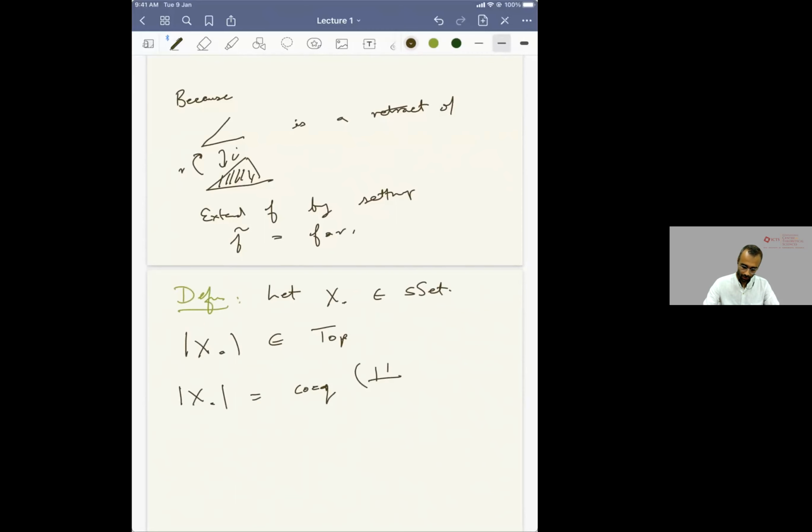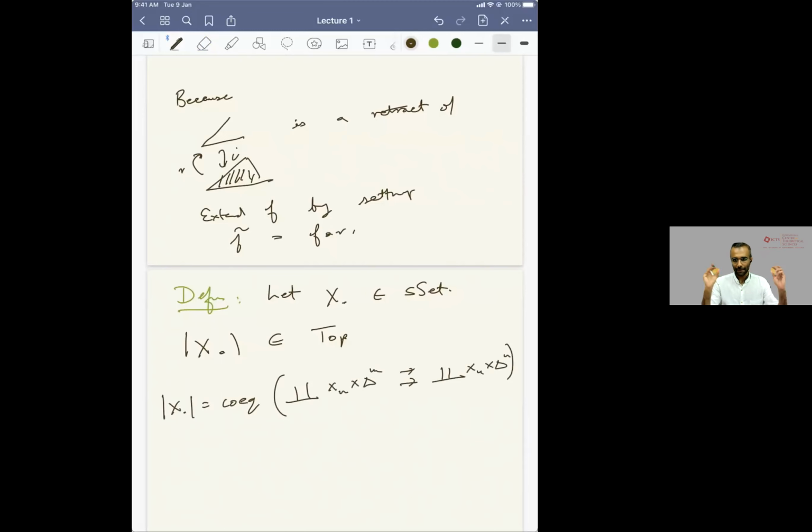You take the co-product. Let me just make more space. The geometric realization of X dot is the co-equalizer of, you take the union of X n cross delta M, and here you take the union of X n cross delta N. So what am I trying to do?